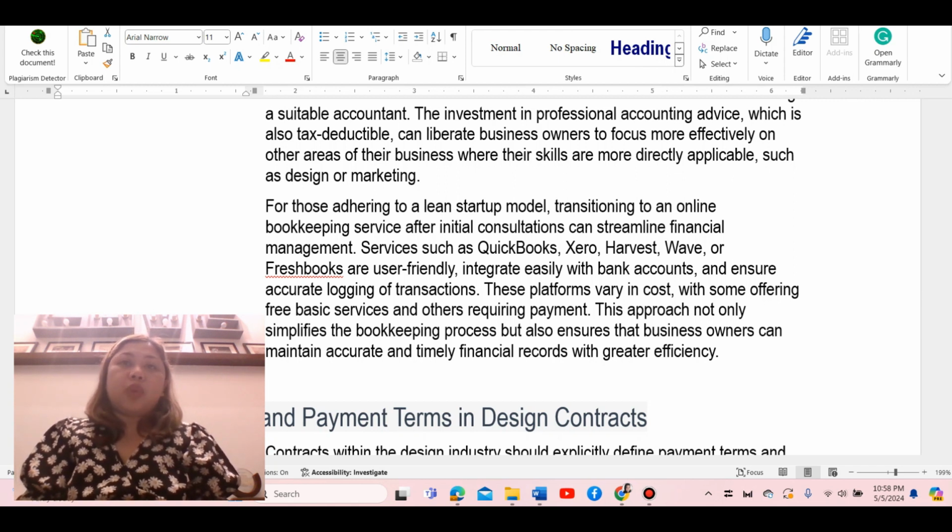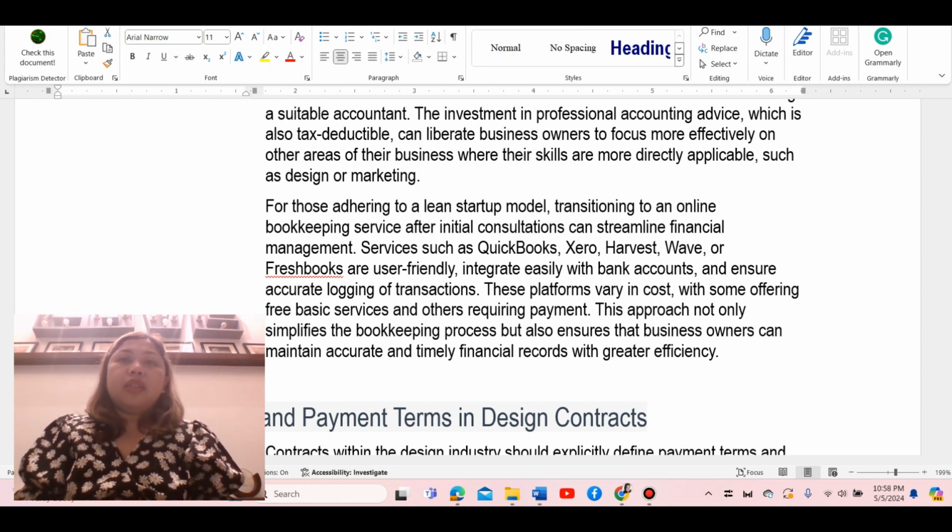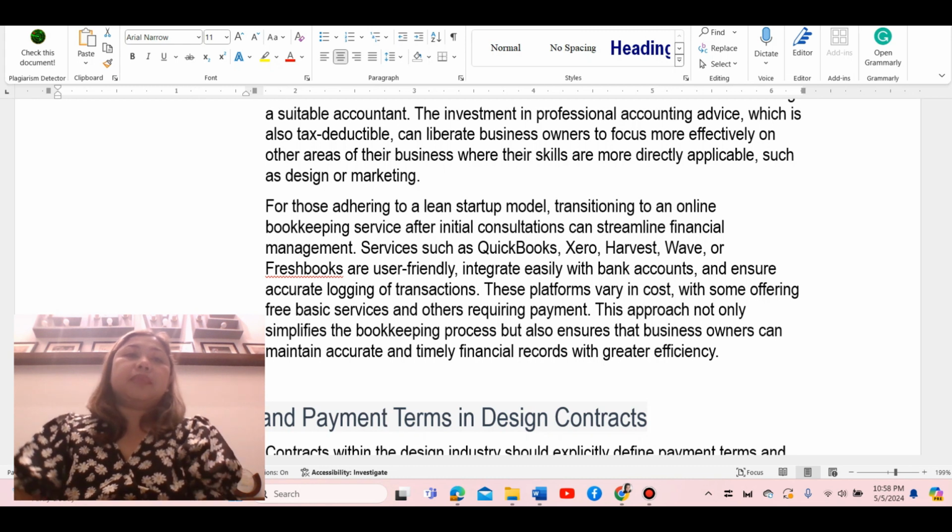Services such as QuickBooks, Xero, Harvest, Wave, or FreshBooks are user-friendly, integrate easily with bank accounts, and ensure accurate logging of transactions. These platforms vary in cost, with some offering free basic services and others requiring payment.